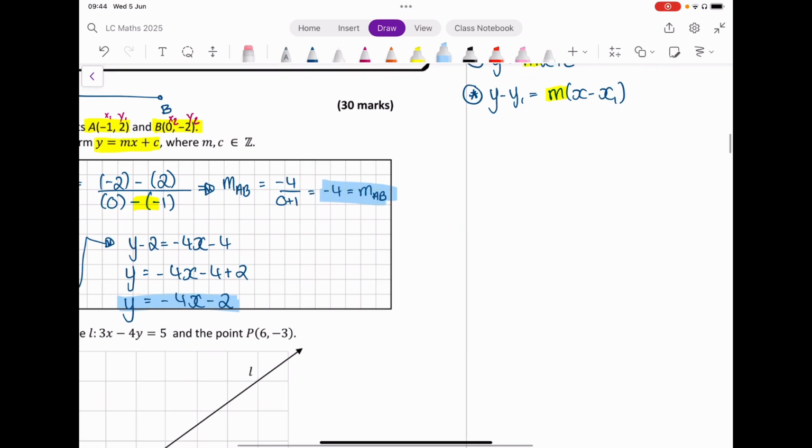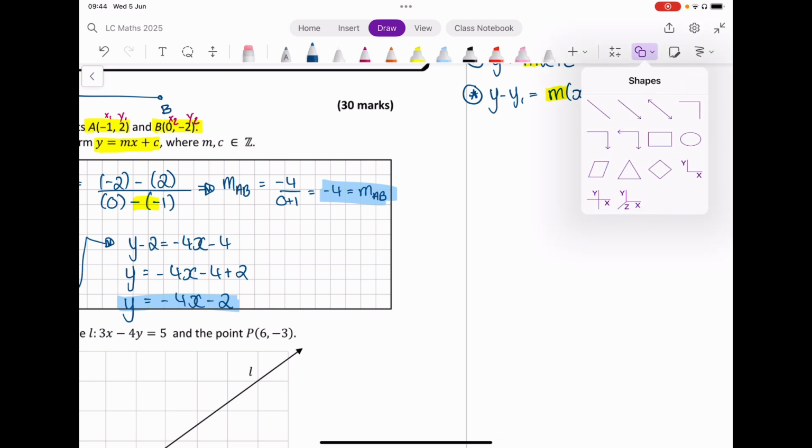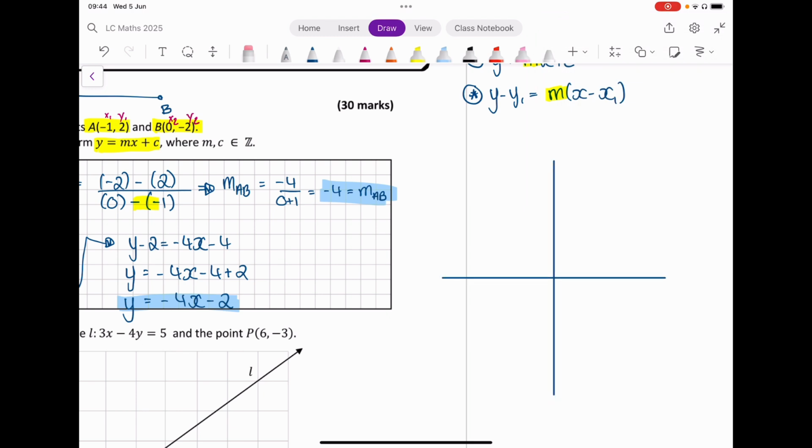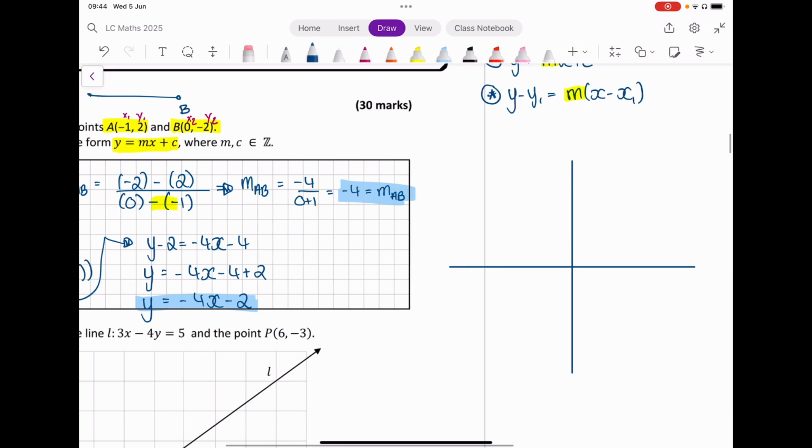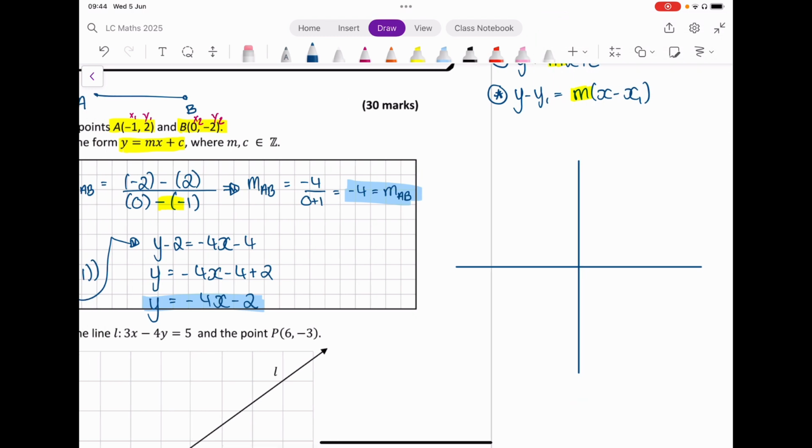Actually, I won't do that in highlighter, I'll just do a normal pen. If we look at the points that were given, bear with me here for a minute. This is going to be quite rough.